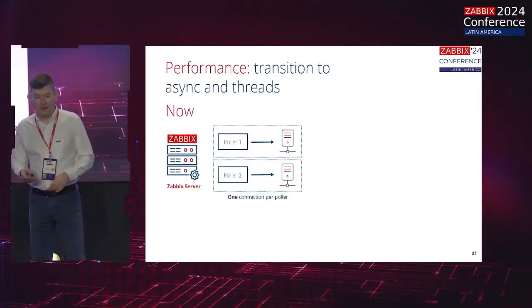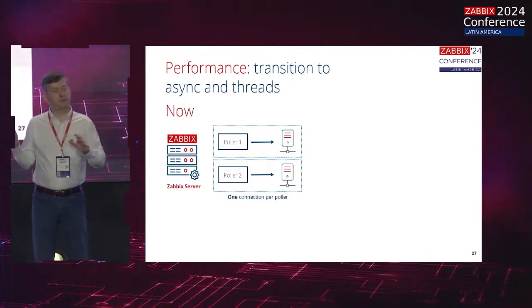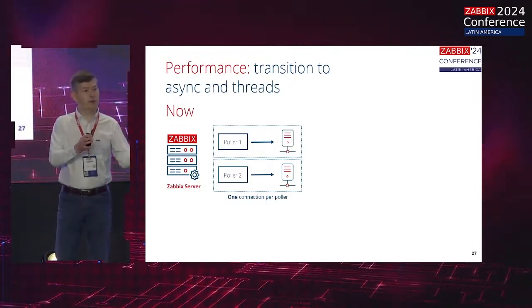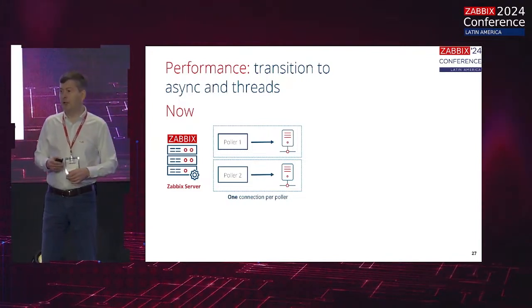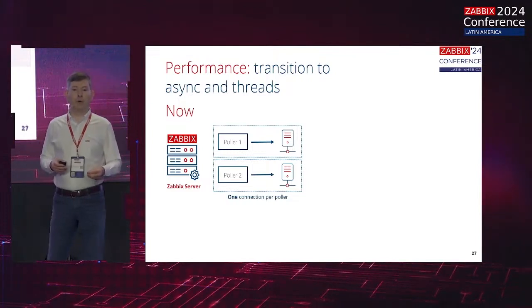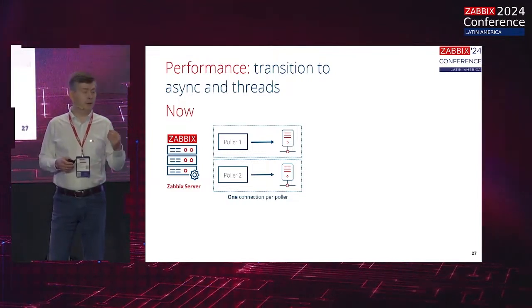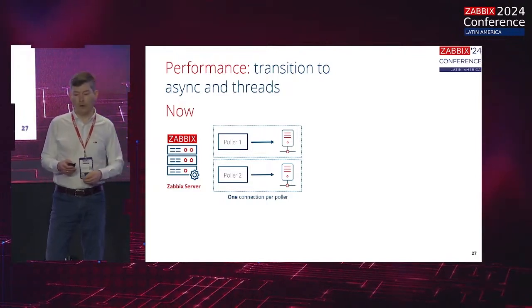We are moving from synchronous data collection to asynchronous data collection. What does it mean? It means that Zabbix becomes much more scalable in regards of data collection, network discovery, and all operations.